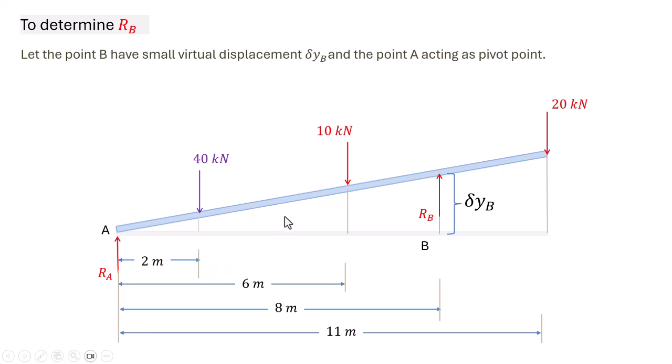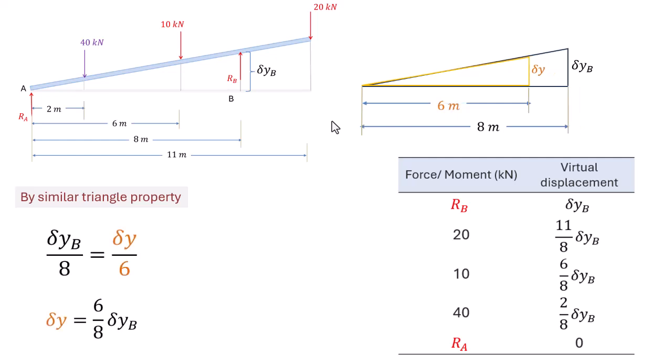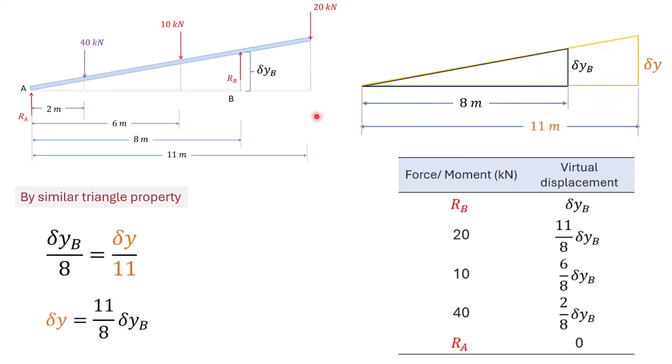Determine the virtual displacement at every point where a force is applied using the geometry of similar triangles. Corresponding sides have a constant ratio. By using this geometrical property, we find the virtual displacement at each force point. At reactive force RB, we already imagined the virtual displacement delta YB.